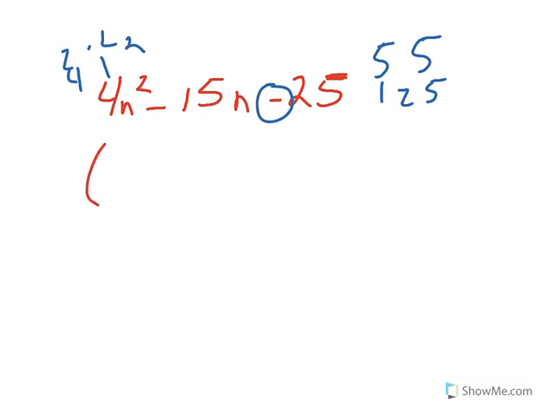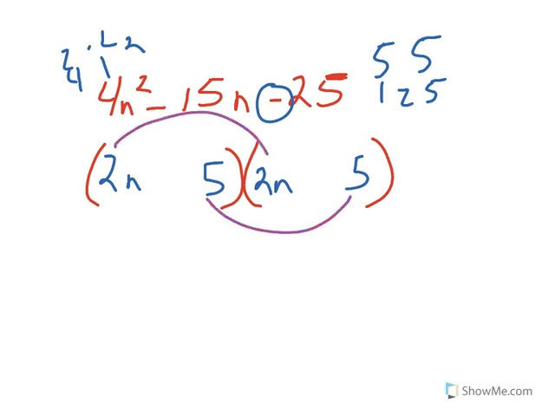So I'm going to try just different numbers and just see if they work. So 2n, 2n, 5 and 5. Let's use this, that. So it's going to give me 10n and 10n. Once again, since that's a subtraction sign, I'm going to be subtracting. Well, that's going to give me 0. I don't want 0. So I will try something else.